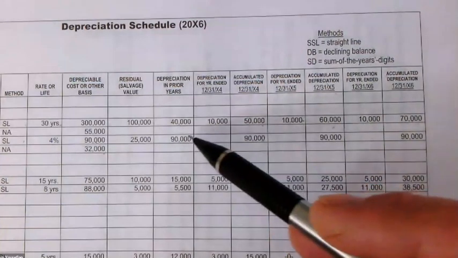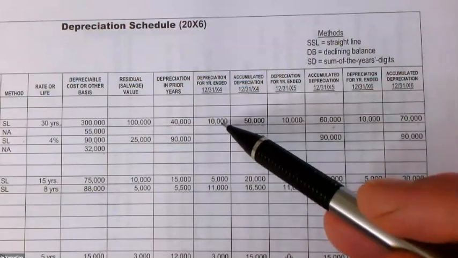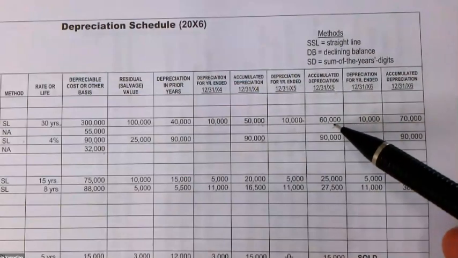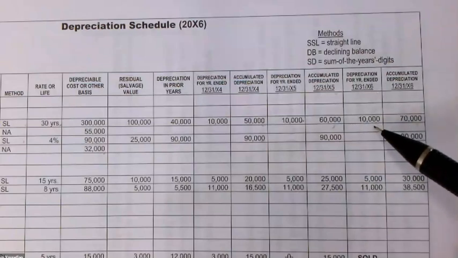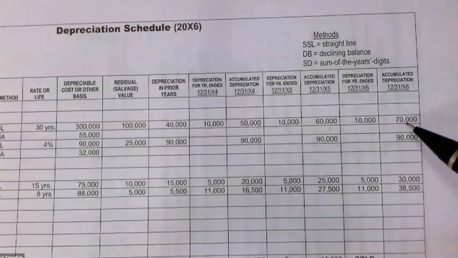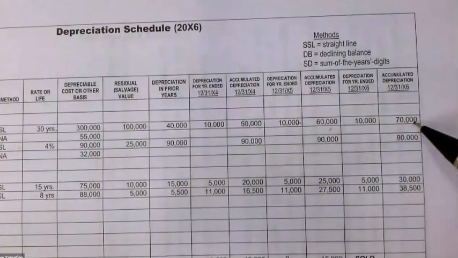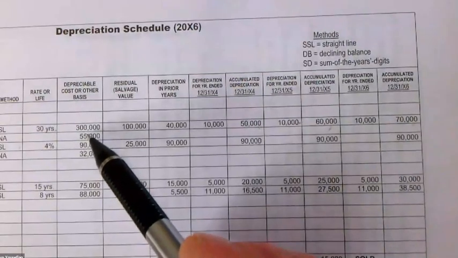Prior to 2014, it had been depreciated up to 40,000. Then in 2014, we depreciated 10,000. In 2015, we depreciated another 10,000, so accumulated depreciation went up. And in 2016, we depreciated another 10,000, so it went up again. As of this moment, accumulated depreciation at the end of 2016 is 70,000, and the depreciable base is $300,000.